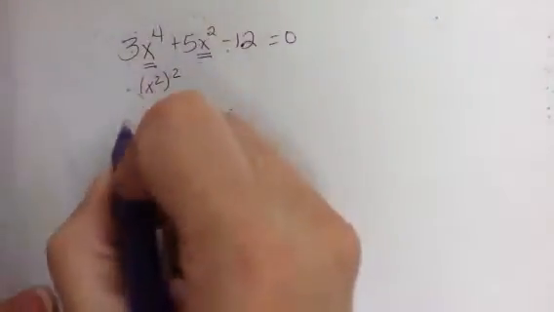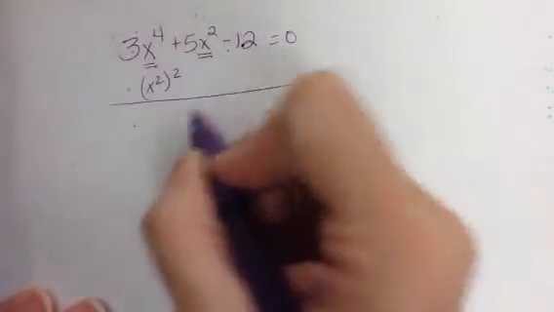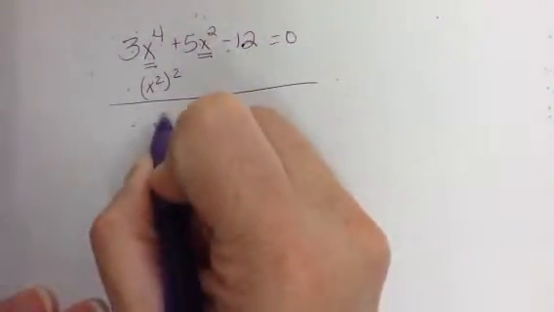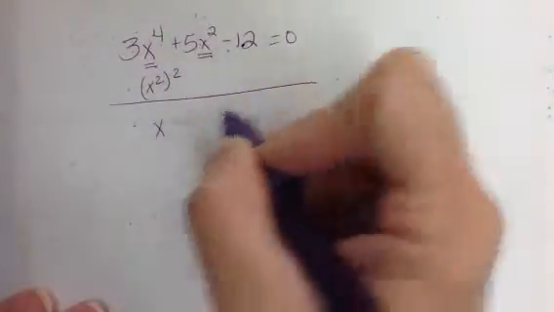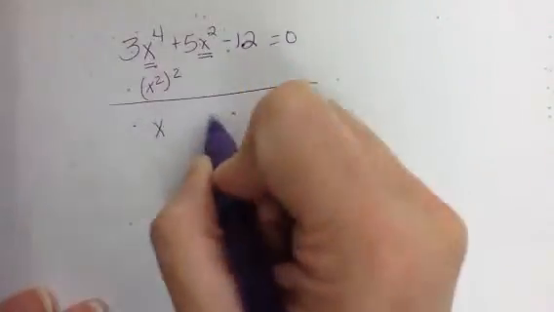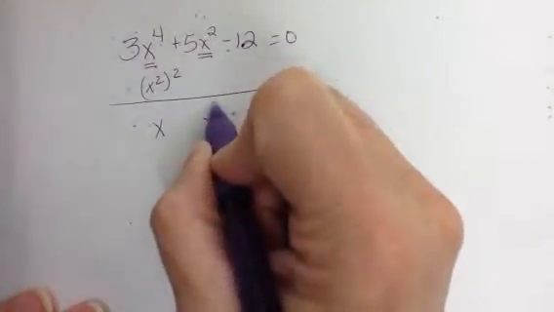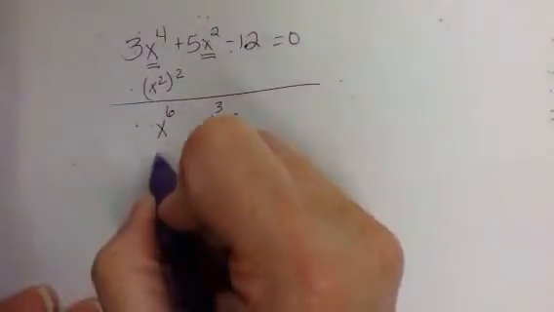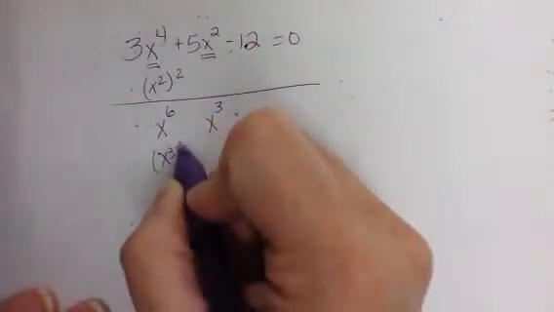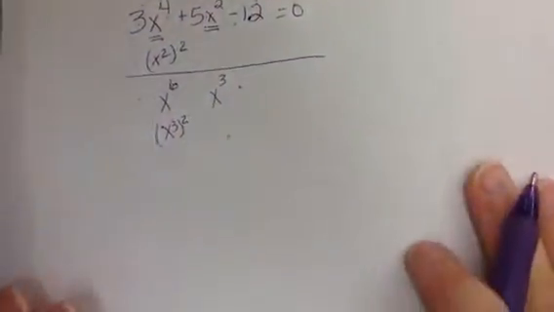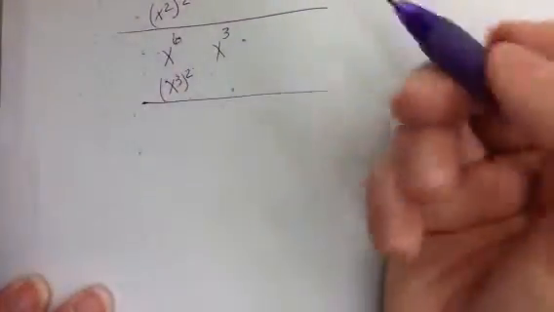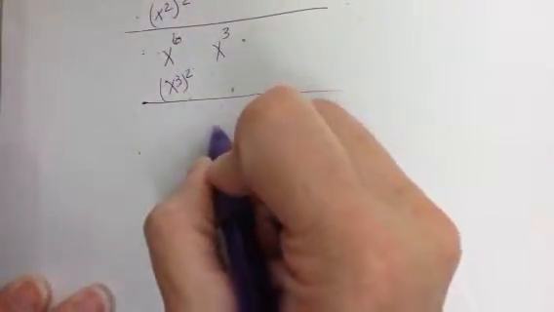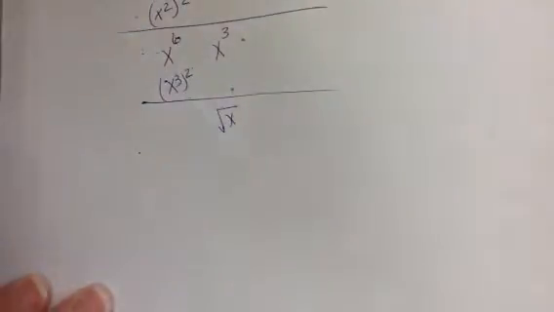If we had something that had an x to the, let's just start in the middle. If we had an x to the third in the middle, it would have an x to the sixth in the beginning, because x cubed squared gives you the 6. You could have something like the square root of x here.